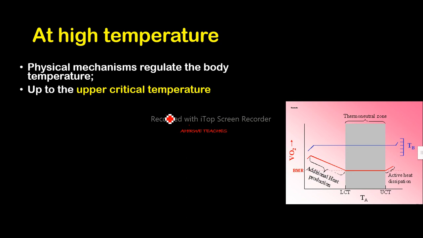The sweating, the vasodilation, the falling of the skin hair, those physical mechanisms. Beyond that point, they can no longer lose enough heat in order to maintain the body temperature constant.